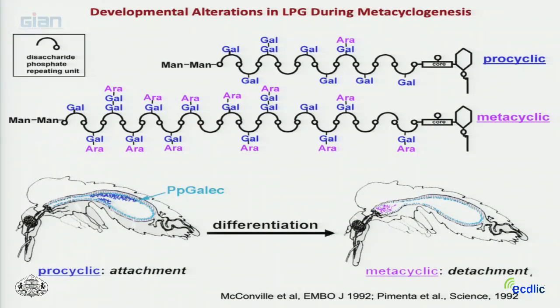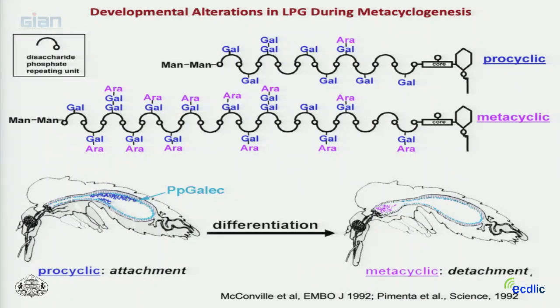And the other critical modification that occurs, these galactosyl side chains become capped with arabinose. So these terminal galactose residues no longer become exposed, and they are no longer available for binding to these parasite recognition sites, which we've identified at least one of them, this galectin-like molecule on midgut epithelial cells.